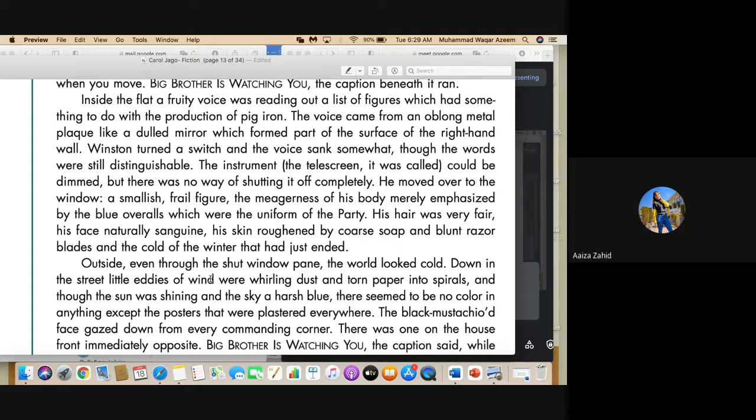He moved over to the window, a smallish, pale figure, the meagerness of his body merely emphasized by the blue overalls, which were the uniform of the party. His hair was very fair, his face naturally sanguine, his skin roughened by coarse soap and blunt razor blades, and the cold of the winter that had just ended.